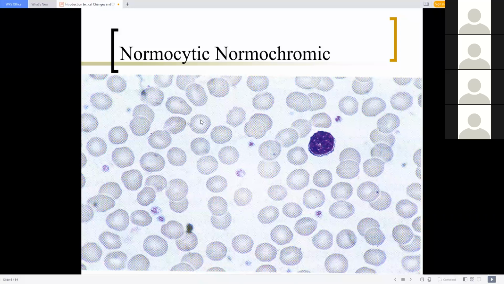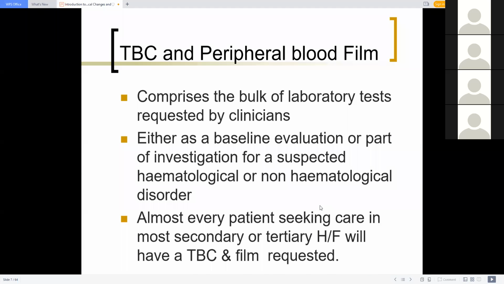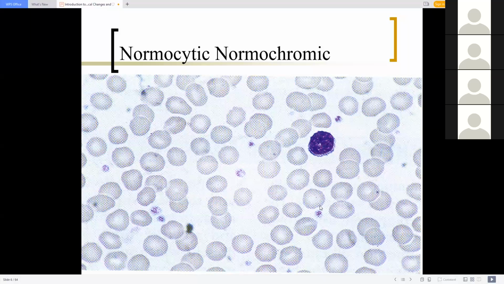So if you look at these cells, you can see that the area of central pallor is almost less than a third, most of them less than a third of the red cell, and we call that normochromic. So the term normochromic refers to the level of hemoglobinization of the red cell. Okay, so normal red cells are usually referred to as normocytic normochromic red cells, right?